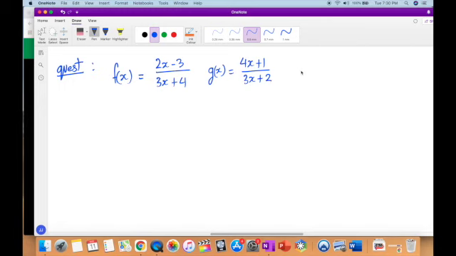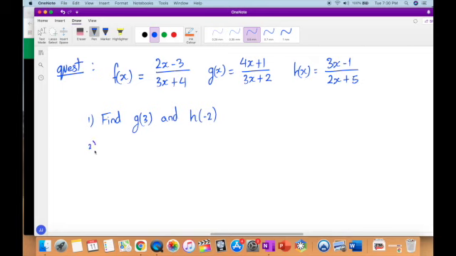And then we have h of x, that is equal to 3x minus 1 all over 2x plus 5. The question is, number 1, find g of 3 and h of negative 2.